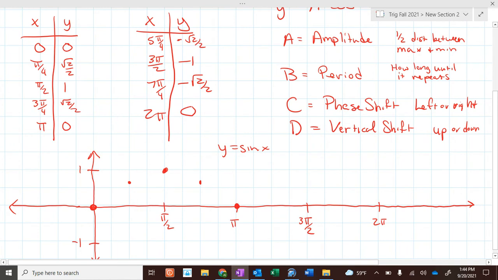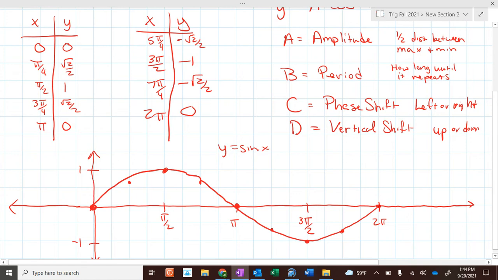Pi, we're at 0. 5 pi over 4 is right here. And we go down to about negative 0.7. 3 pi over 2 is negative 1. And so that's what the sine curve looks like. That's one period of the sine curve.